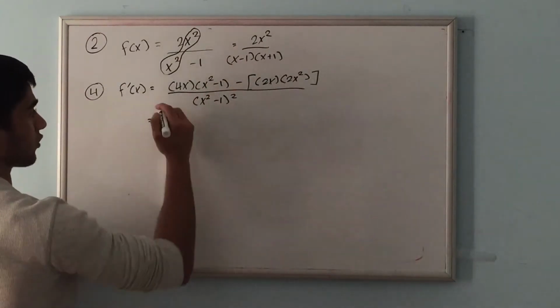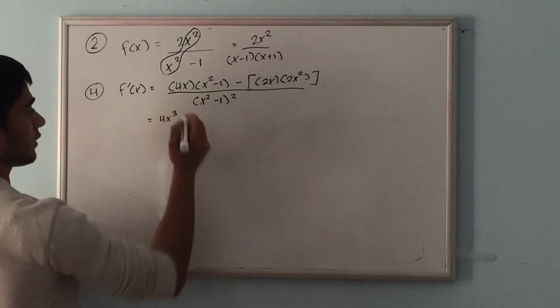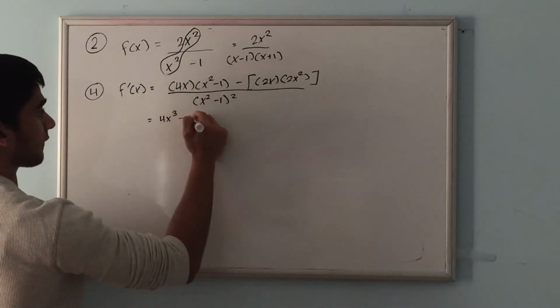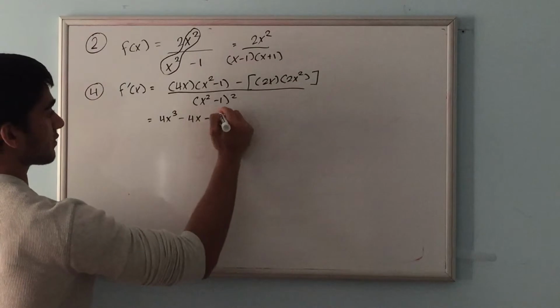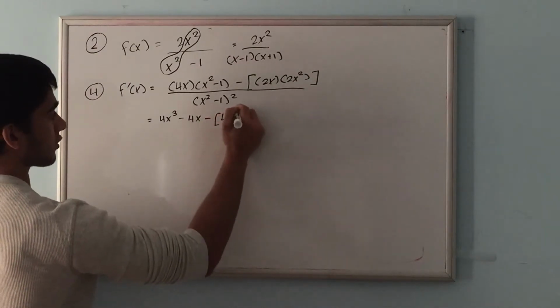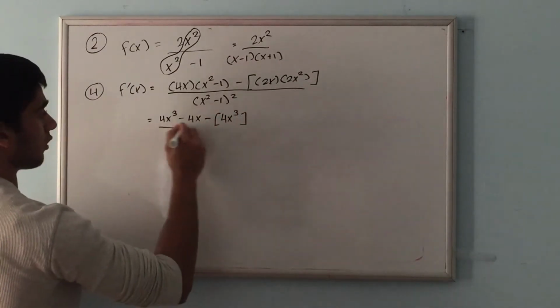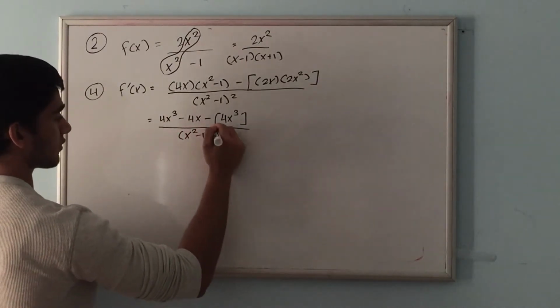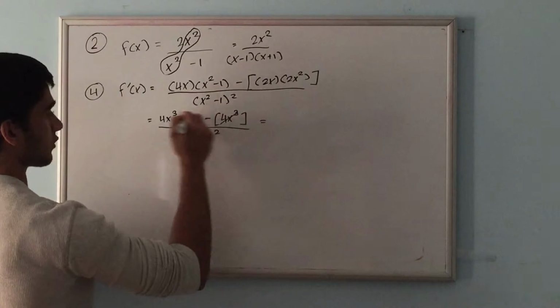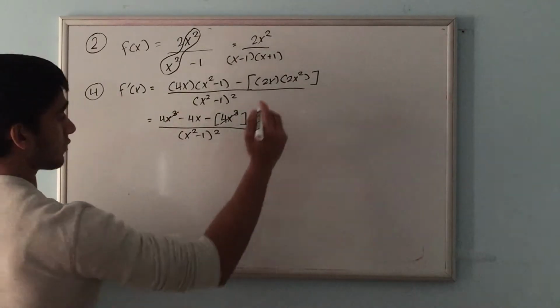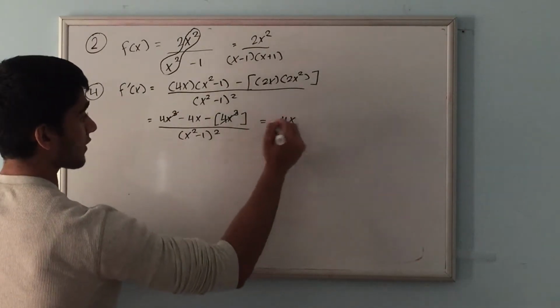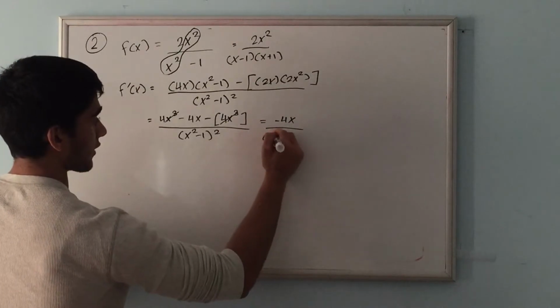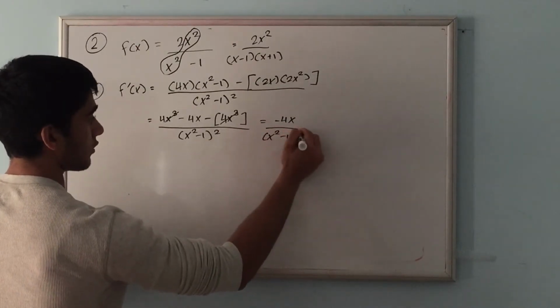If we simplify things further, we get 4x cubed minus 4x minus 4x cubed all over x squared minus 1 squared. These 4x cubed terms cancel out, so we get negative 4x over x squared minus 1 squared.